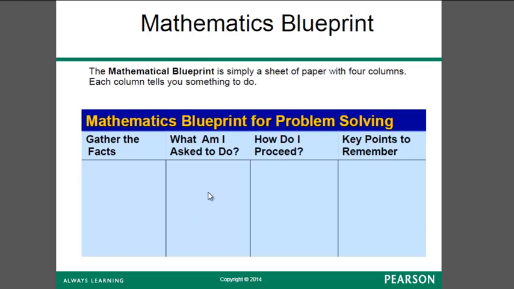In other words, what is the question actually asking for? This column, you want to write down how you want to proceed. Do you want to multiply, add, subtract, things of that nature? And then key points to remember. Things that don't really matter to the problem, or things that do matter to the problem.